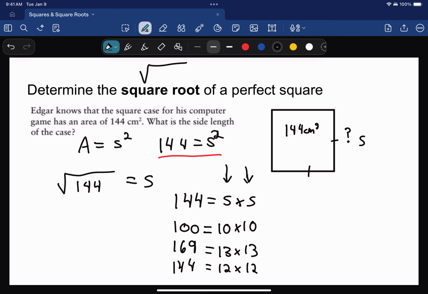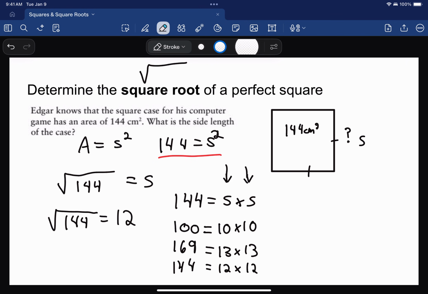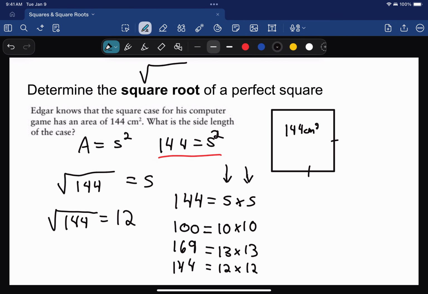So our answer, the square root of 144, is 12. Okay, so now we know our side length over here is going to be 12 centimeters. We got to make sure we write our unit of centimeters.